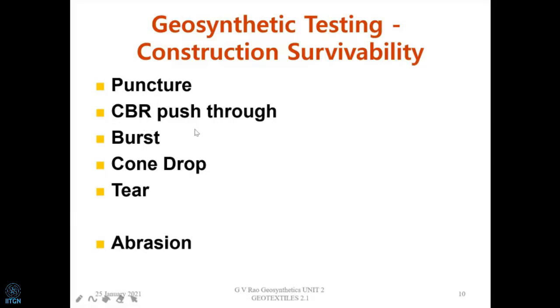There's a burst test, similar to the bursting of a balloon or a ball, and then the cone drop test. There's a tear test. All of them are either similar to tests we do on road aggregates, or tests which were developed earlier for textile use, which we modified later by introducing things like the CBR cone and CBR plunger.